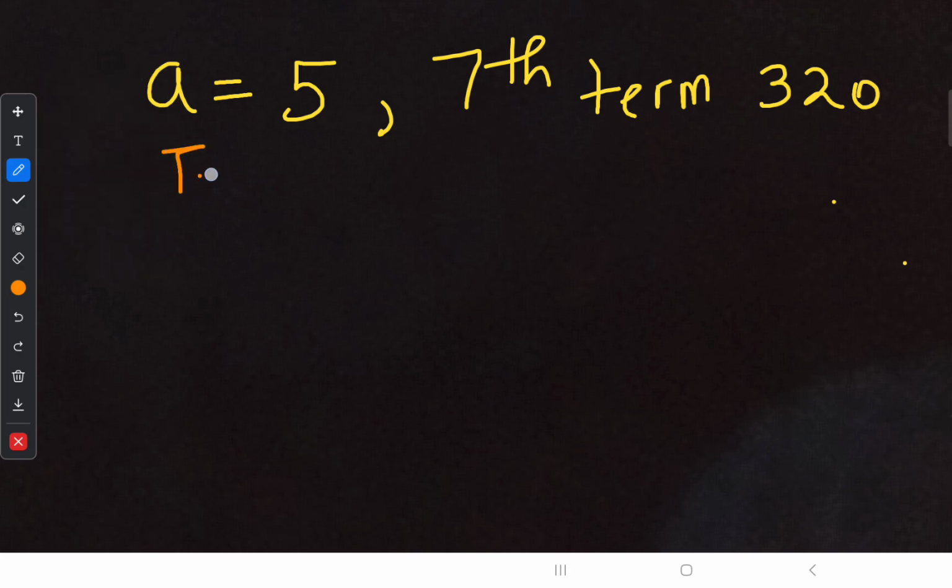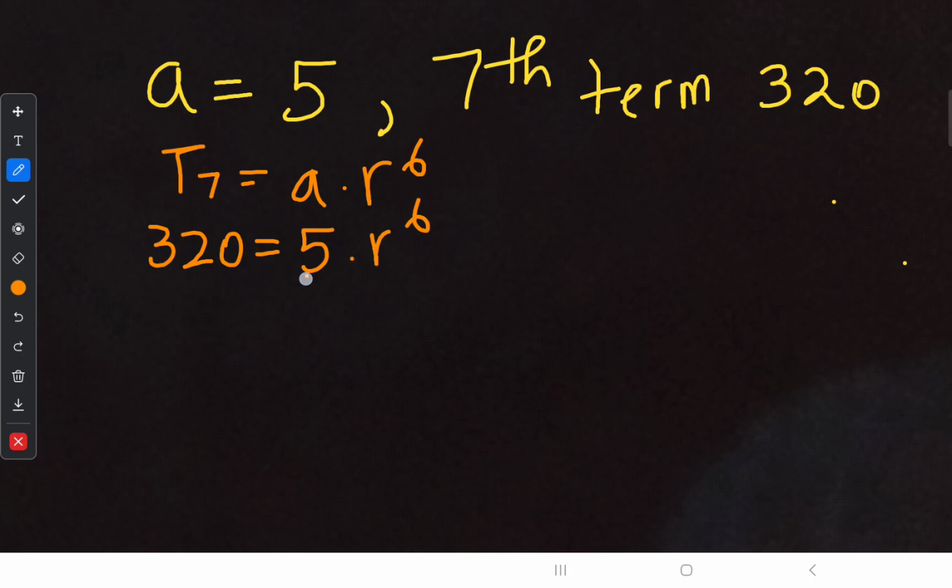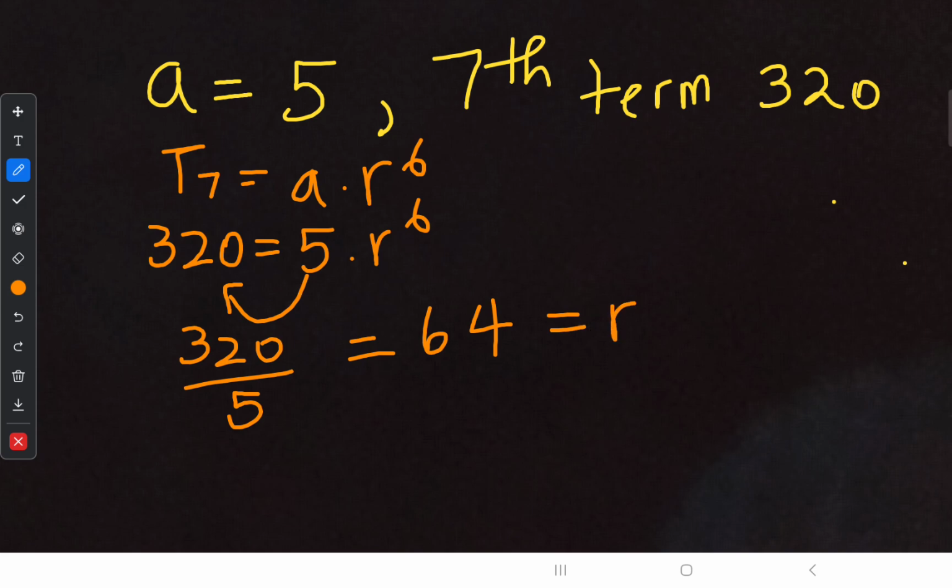Seventh term, so T7 equals a into r to the power of 6. T7 is 320, a equals 5, into r to the power of 6. When you divide 320 by 5, that equals 64. So 64 equals r to the power of 6. First of all, find the square root of both of these.